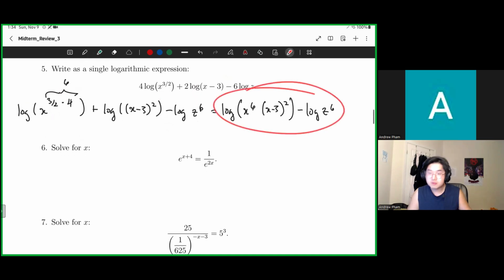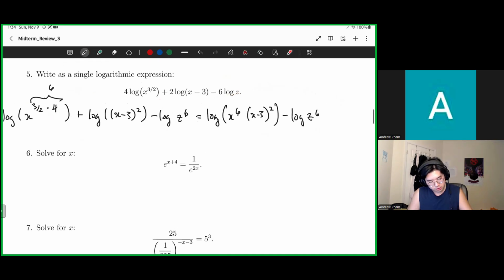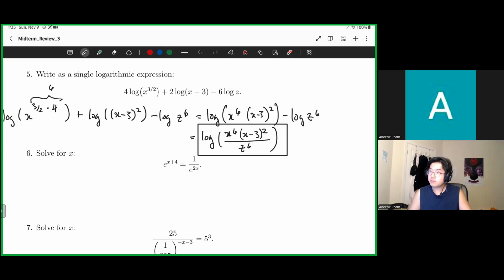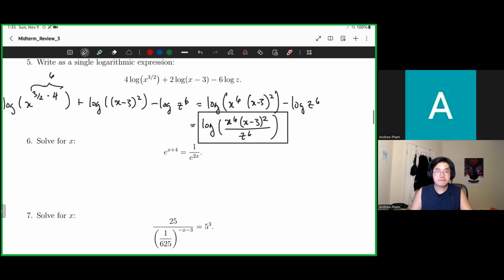And then subtraction of the same log base is just division. So you should get log base 10 of x to the 6, x minus 3 squared over z to the 6th. That's so. Okay.